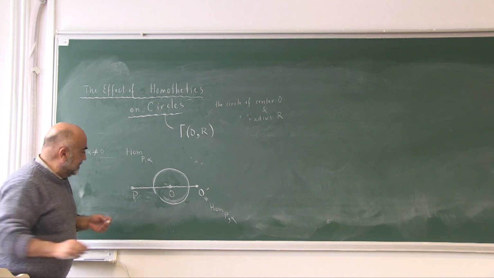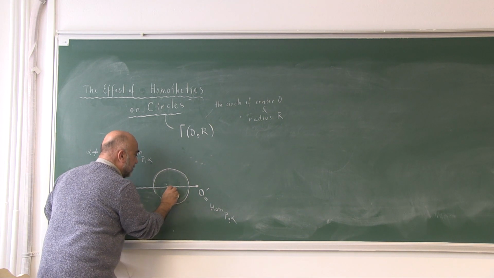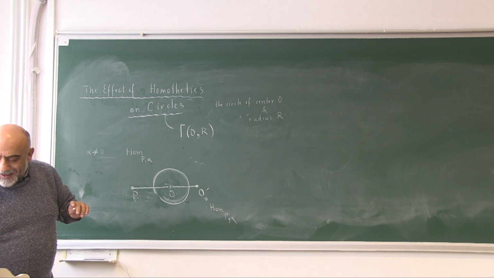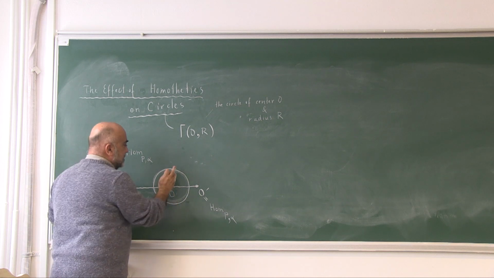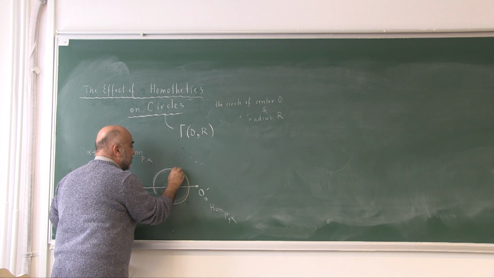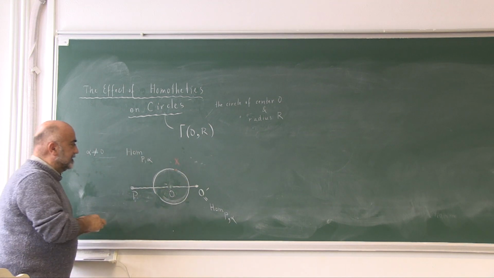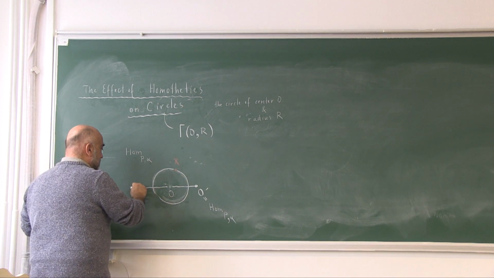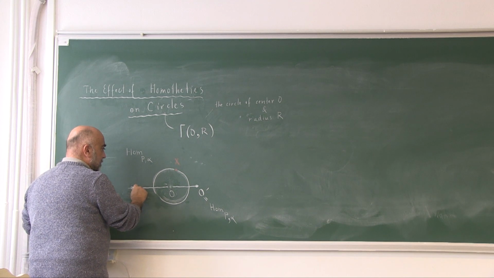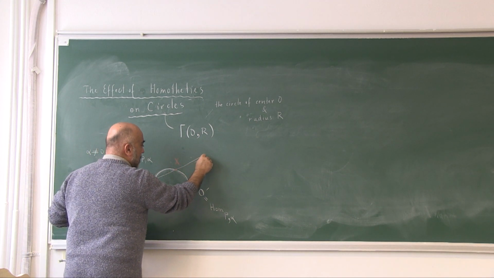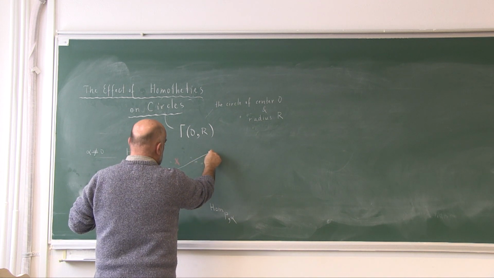Now the next thing is to see what happens to a point actually on the circle. Let's say I take a point here, X. This point is mapped under the homothety into some X prime.